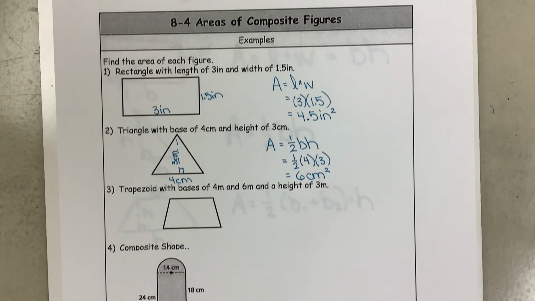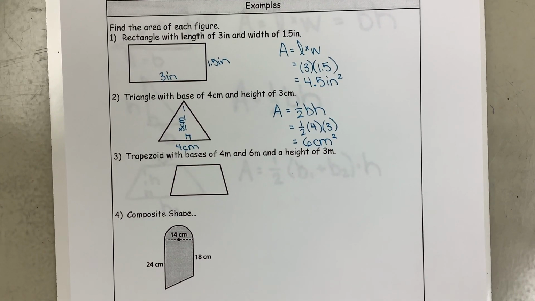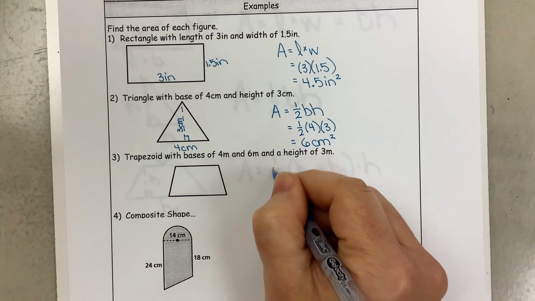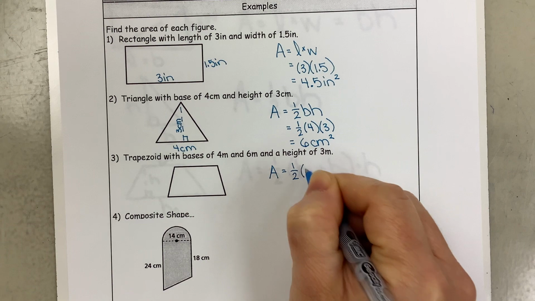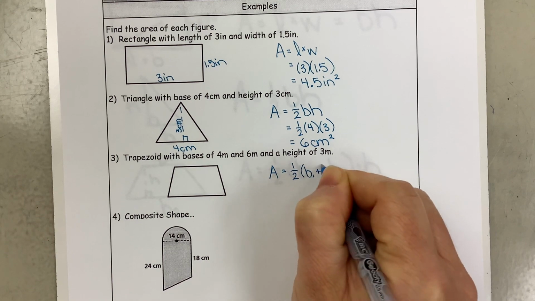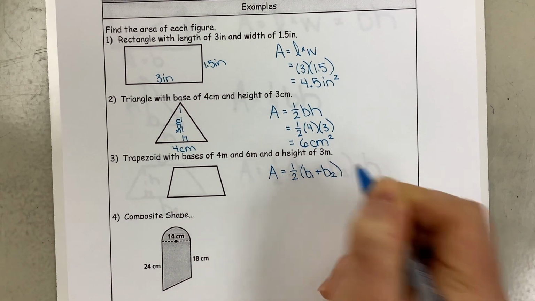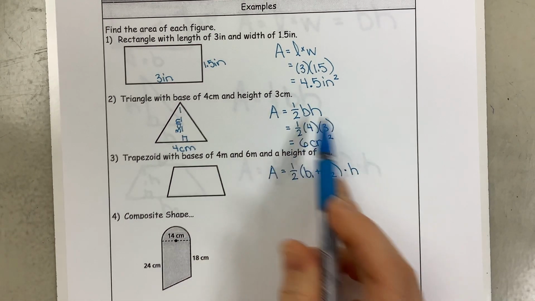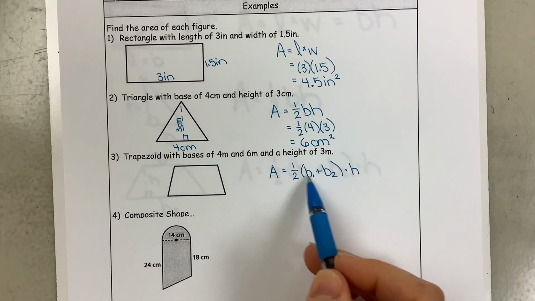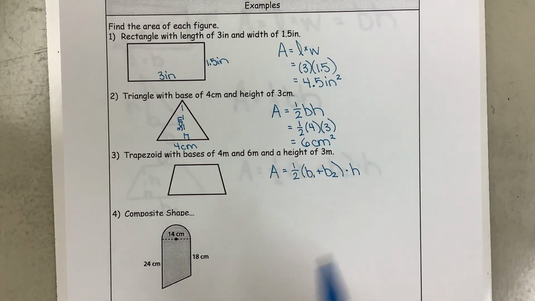Alrighty. Our trapezoid, we said our area equals 1/2 base 1 plus base 2 times the height. It's really still just the triangle formula, except we have to figure that there are 2 bases.